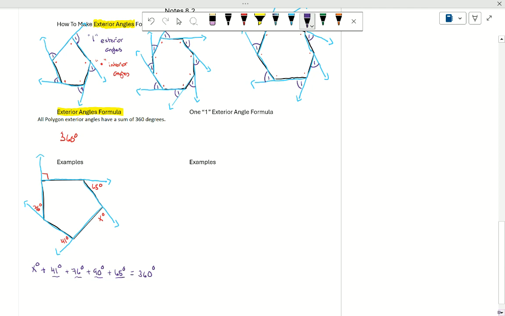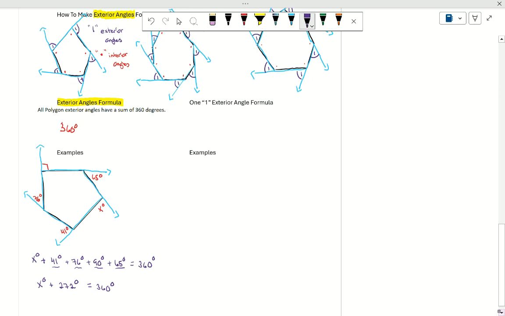Those combine to 272. So simplifying the equation, I get x plus 272 degrees is equal to 360 degrees. And then I subtract 272 from both sides of the equation. This tells me that my value for x for this particular problem is going to have to be 360 minus 272, which is 88 degrees. That's pretty cool right there, if you think about it.